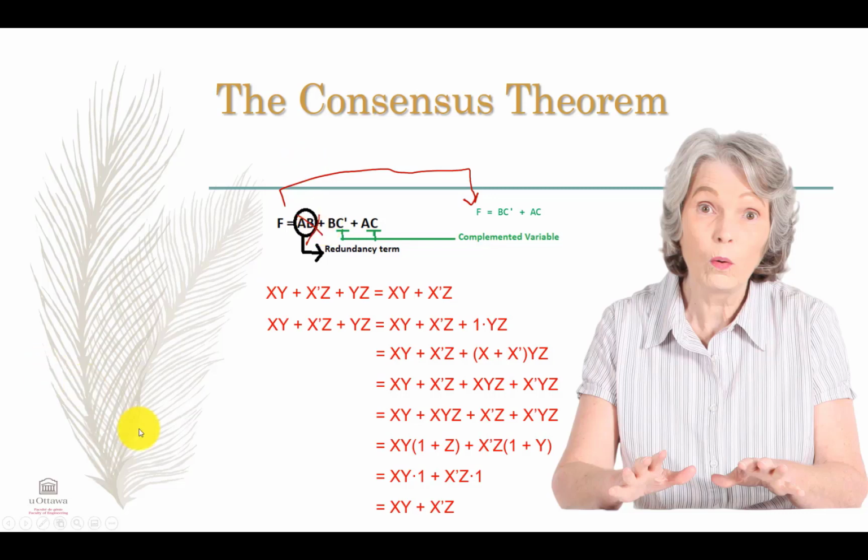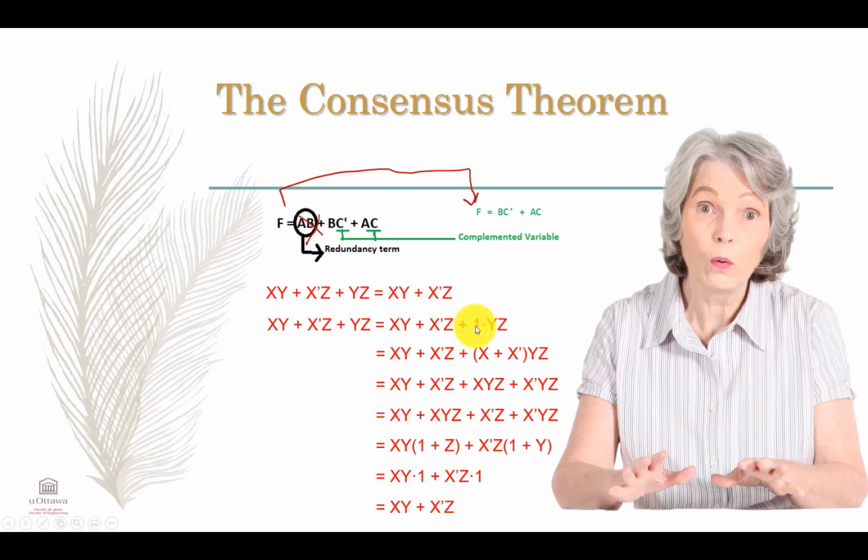To prove this theorem, I can say that xy plus x prime z plus yz will be equal to xy plus x prime z plus 1 multiplied by yz. If I add 1 here, it will not harm.